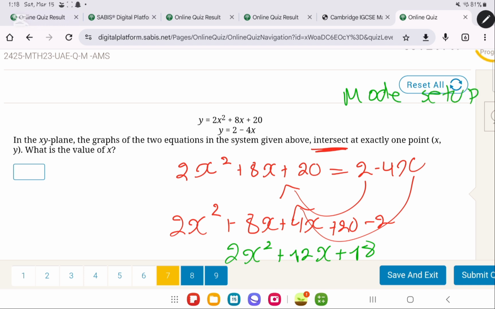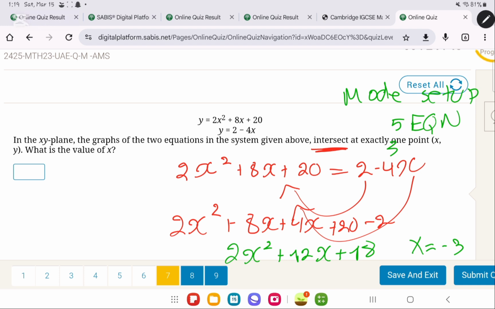So you see on your calculator mode setup, you click on it. Then you will click on 5, EQN. This stands for equation. And then you will click on 3. And then for A, you are going to put 2. For B, you're going to put 12. And for C, you're going to put 18. And you will get that x is equal to minus 3. And this is the only answer there is for this one.